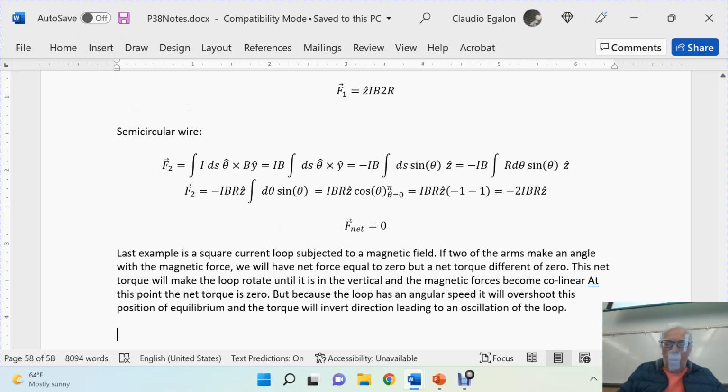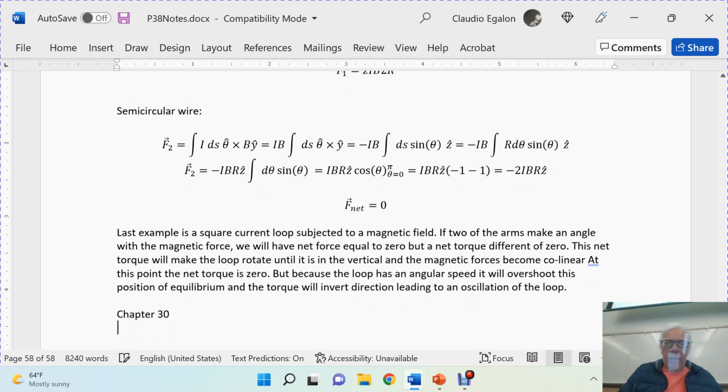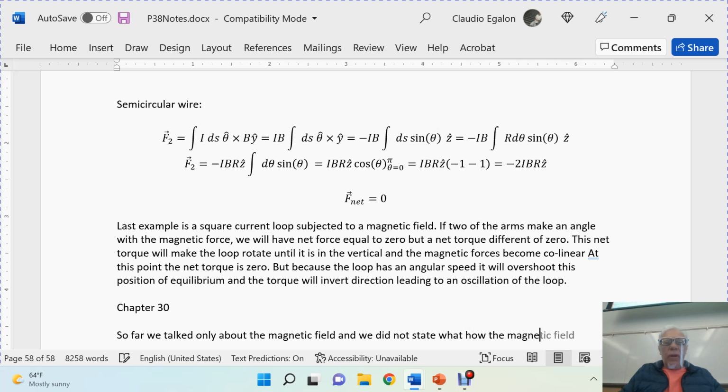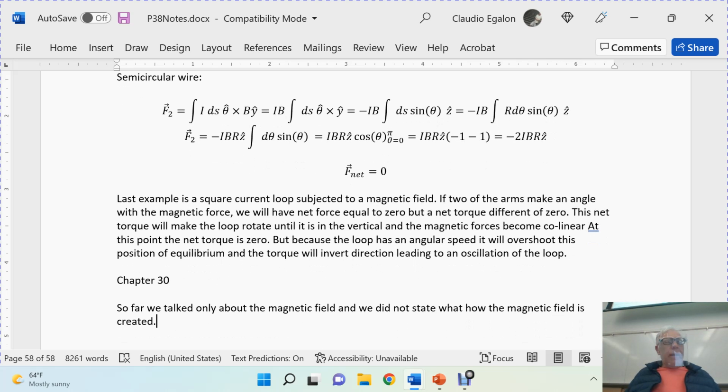Okay. Now, what we're going to do now is chapter 30. So far, we talked only about the magnetic field, and we did not state how the magnetic field is created.